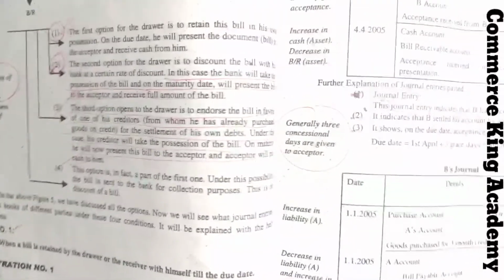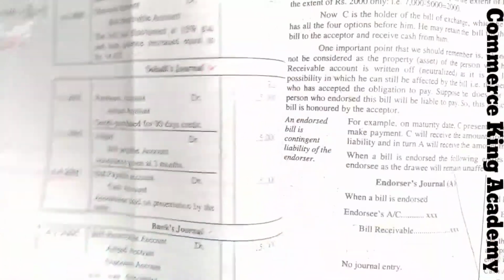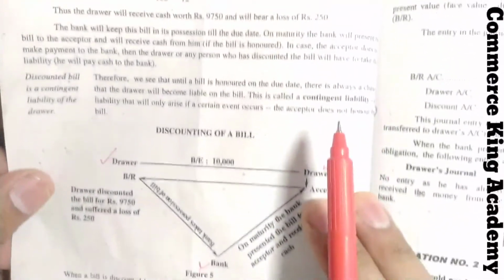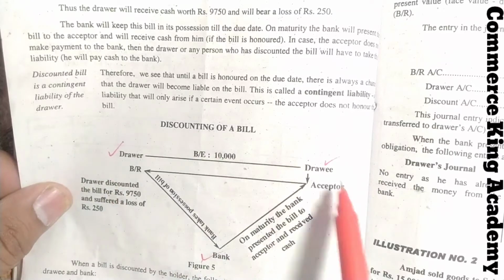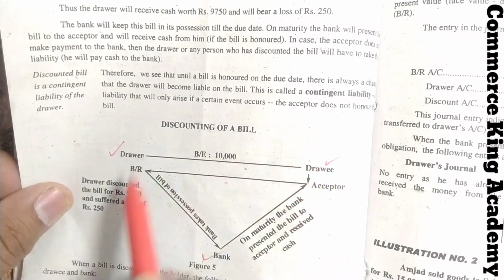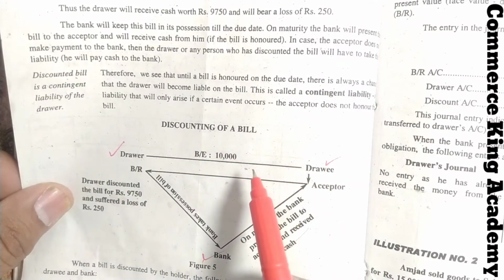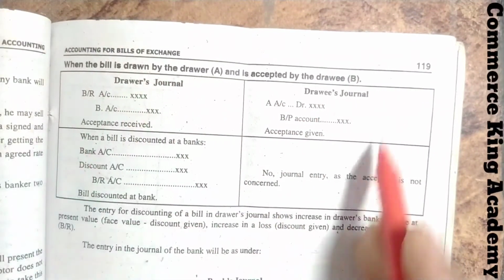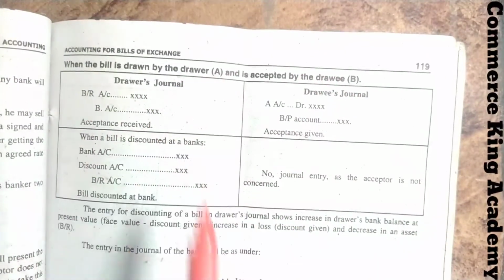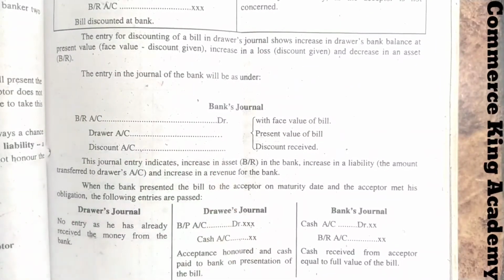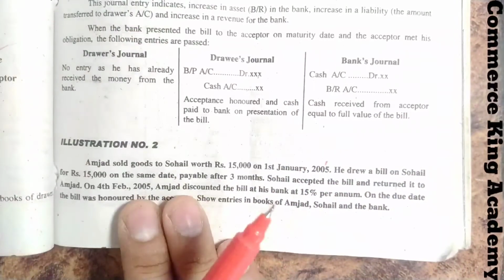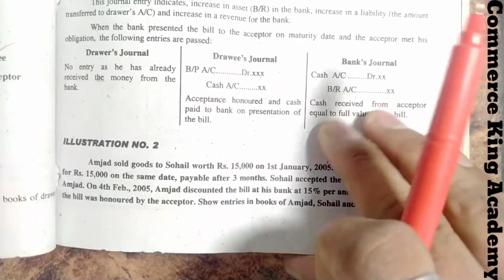And we have cleared this whole concept as well as its diagram or structure of the three parties involved in discounting of bill of exchange, and we have also done its transaction entries in both parties' journals as well as in the bank's journal. And we also completed illustration number 2. This is the relevant illustration of this concept.